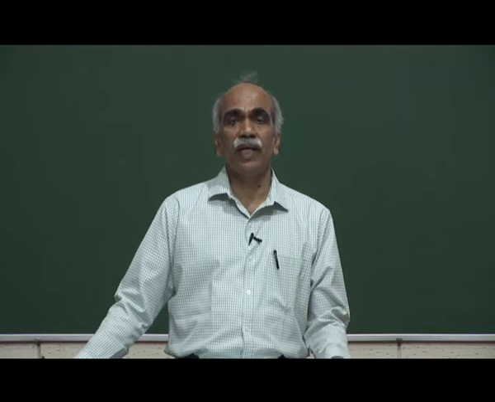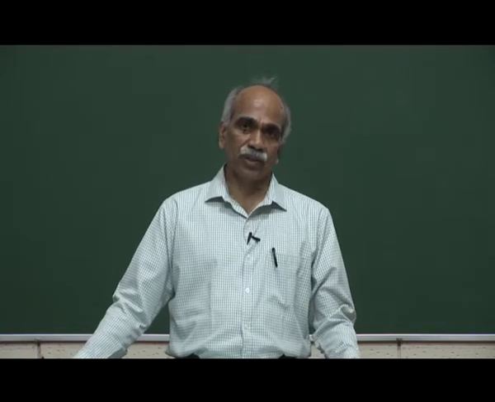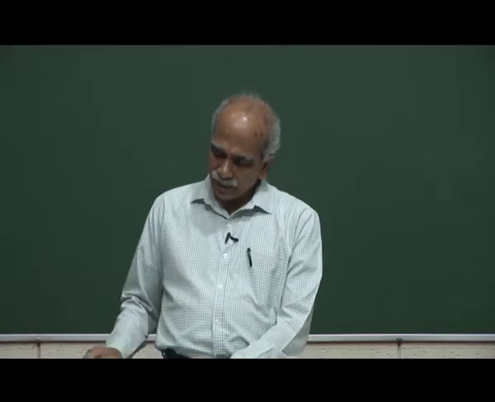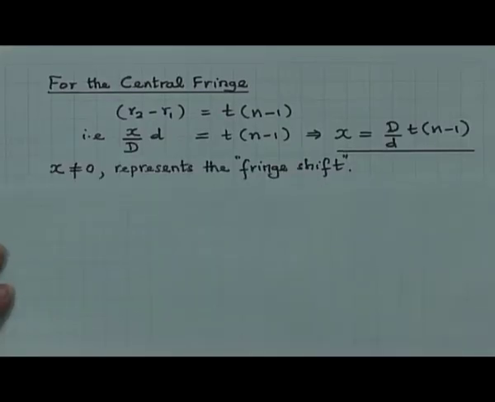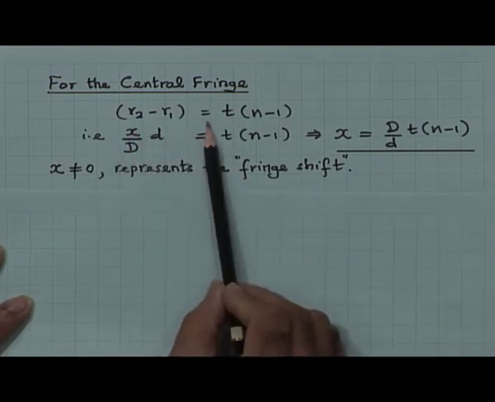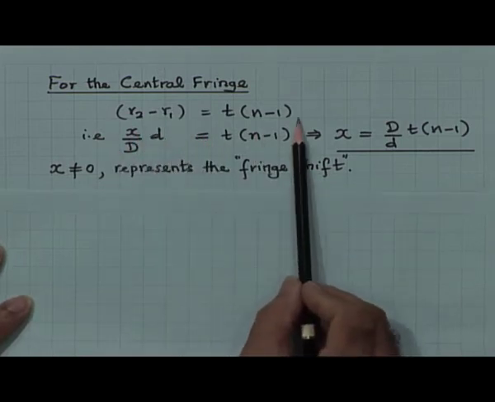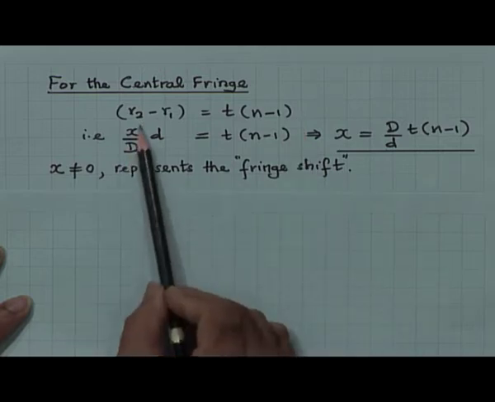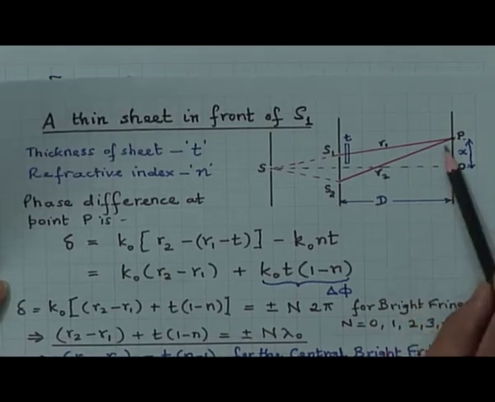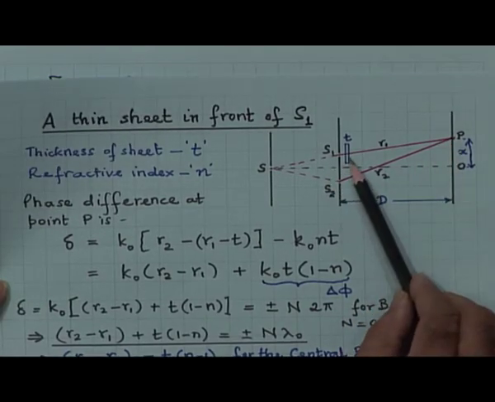So, this will give us the condition for the bright fringes in the presence of the sheet, and what is the fringe shift that we will have due to the introduction of the sheet. So, here I am writing for the central fringe again. For the central fringe, therefore, R2 minus R1 is equal to t times (n minus 1). The geometrical difference R2 minus R1 we have already calculated.